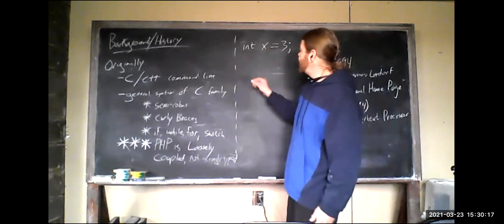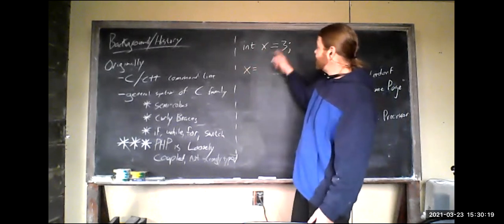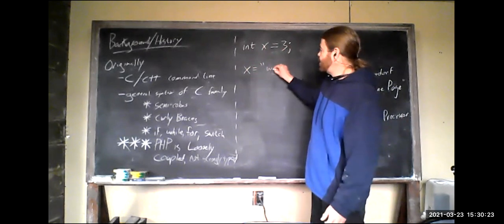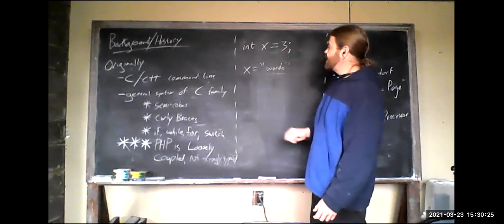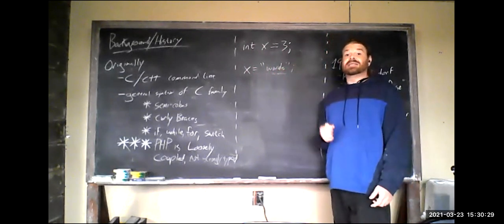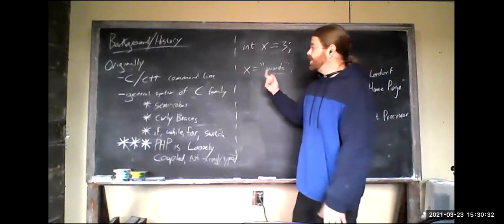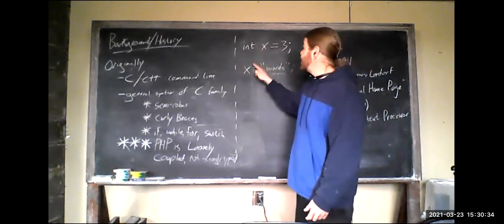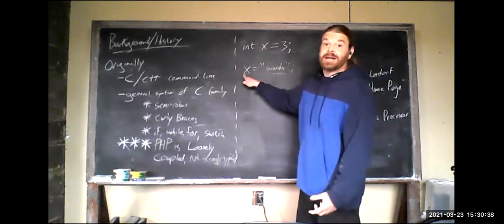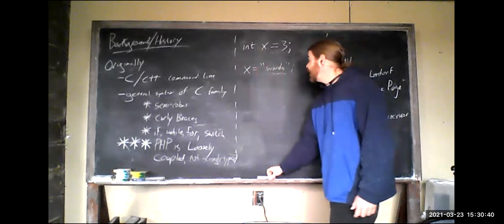So then a couple lines later, if we tried to say, in this example, x equals words and pass in a string, we're going to get an error because that's not an integer. The compiler's going to throw an error in a strongly typed language and be like, oh wait, that's a string, not an integer, cannot store that in the variable x.